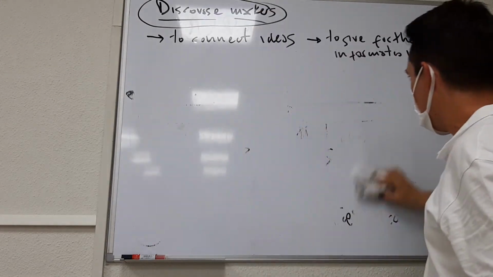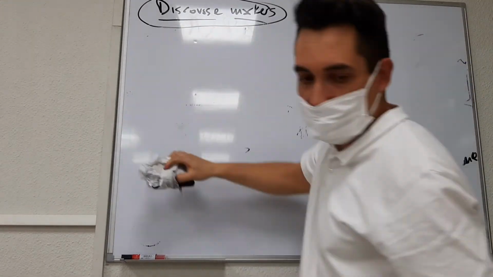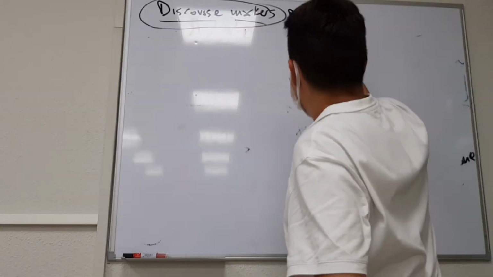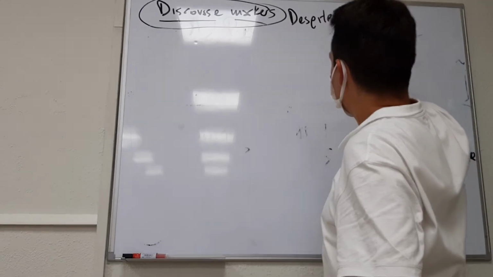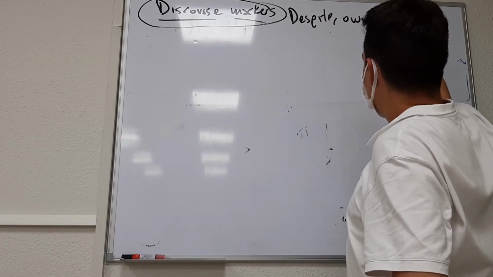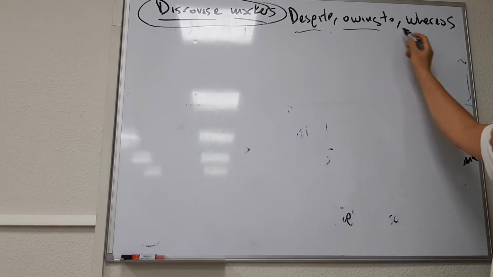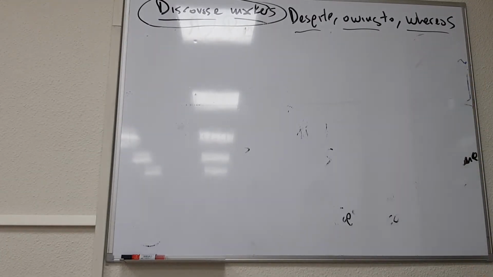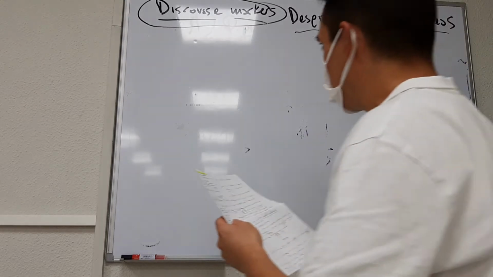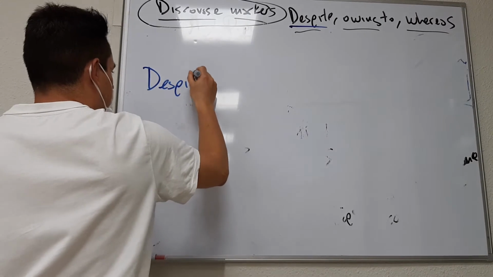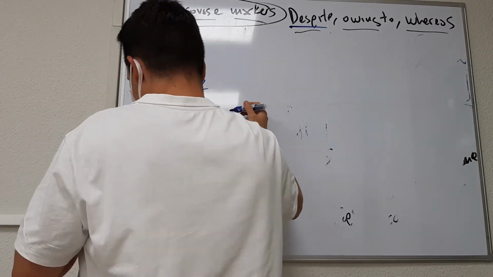Okay, let me give you an example. Let me give you the examples of despite, owing to, and whereas. Yeah, despite, owing to, and whereas. Example sentence. Despite having studied hard, with despite. Despite, they can also be at the beginning of the first clause.